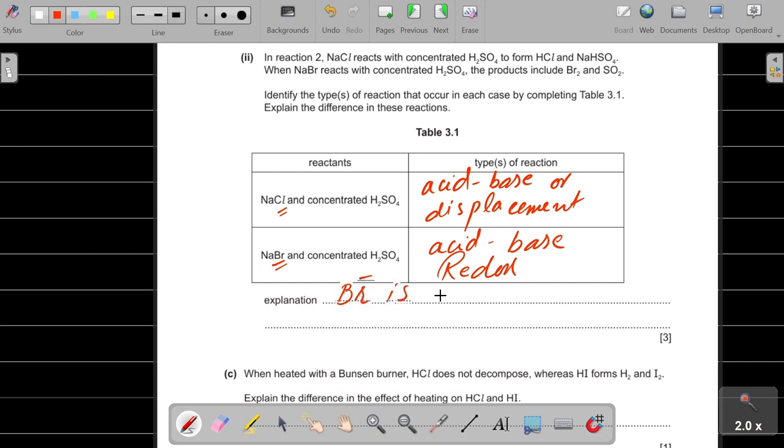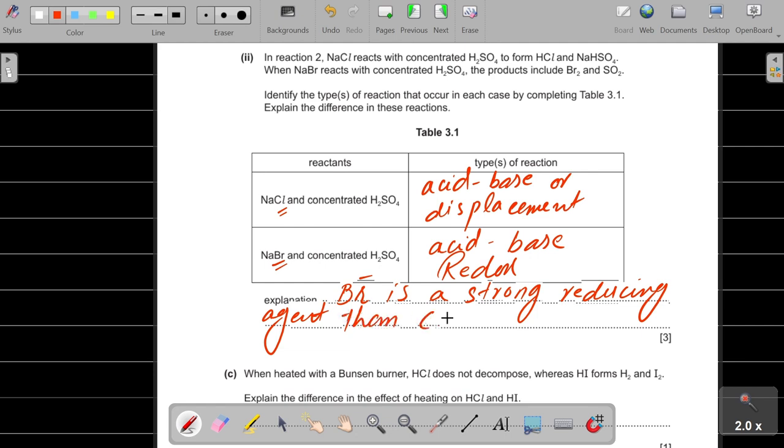Br negative is a stronger reducing agent than Cl negative. Fluorine, chlorine, bromine, and iodine are strong oxidizing agents.